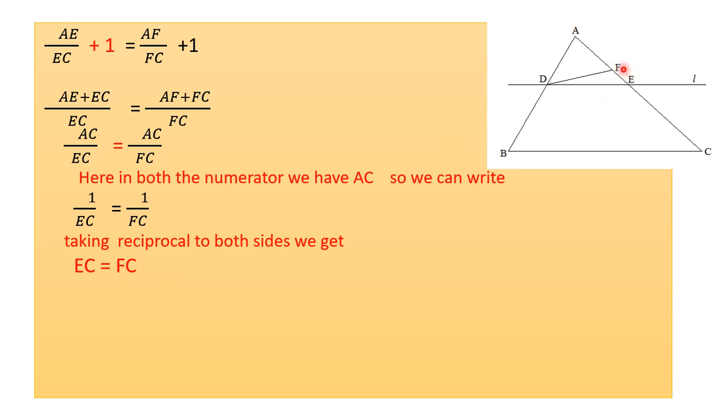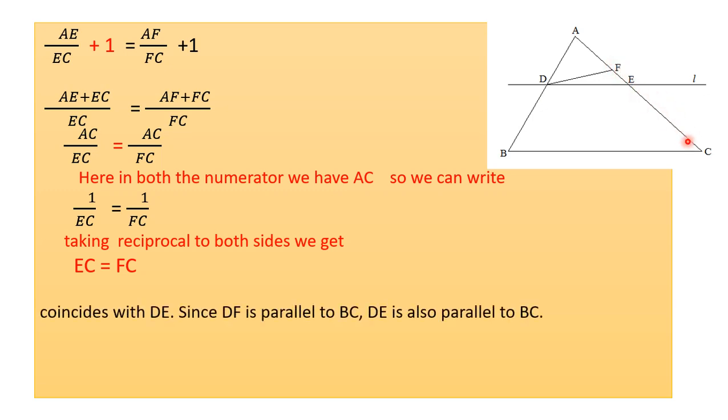Here by the figure, EC is equal to FC, but both the line segments have different lengths, and we are proving EC is equal to FC. If EC is equal to FC, by this figure we can say F and E will be the same point, that is there is no difference between F and E, then only FC and EC will be the same.